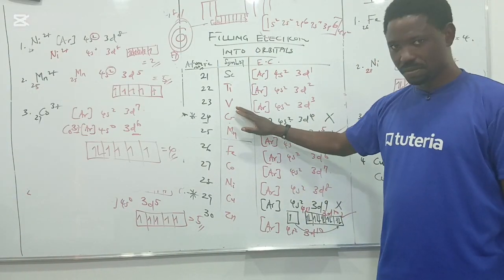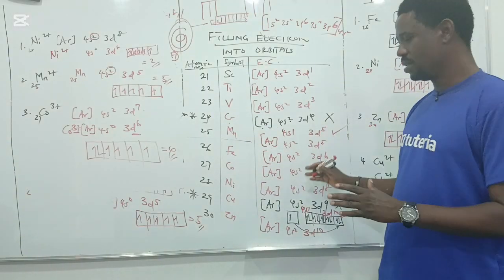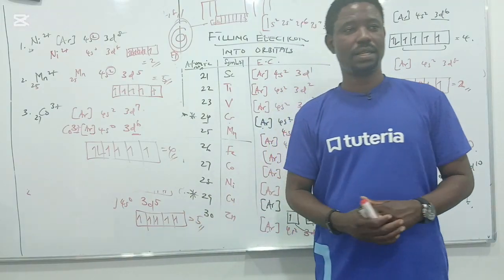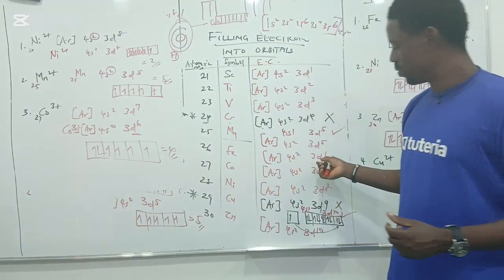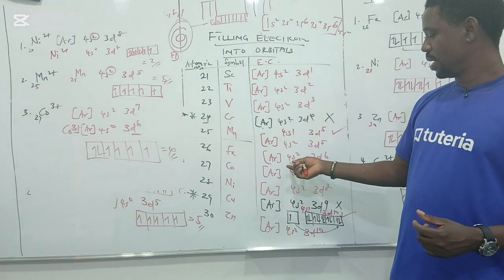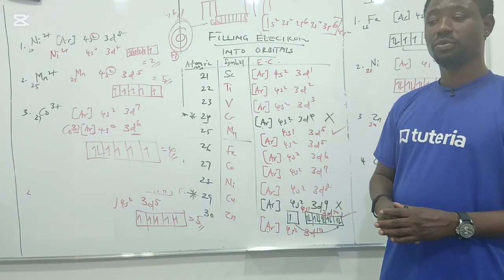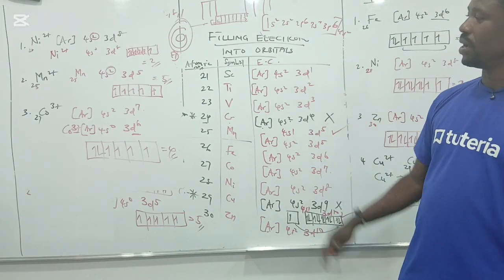Because of stability, copper and chromium don't have the usual electronic configuration. Usual means they don't follow the Aufbau principle, because by the Aufbau principle we must fill 4s first before we go into 3d. Look at what is happening: there is promotion of an electron from 4s to 3d for stability. That is one thing you have to know.